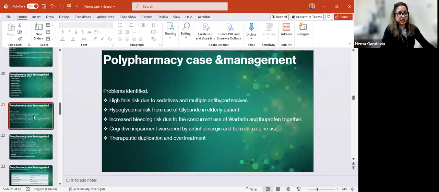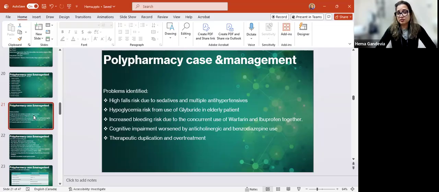She could potentially have had increased bleeding risk due to the concurrent use of warfarin and ibuprofen at the same time, because when patients have falls and they're on warfarin, the size of the hematomas are quite significant. And then we find that her mild cognitive impairment could have been either just general age, and it could have been worsened by the anticholinergics and the benzodiazepine use.